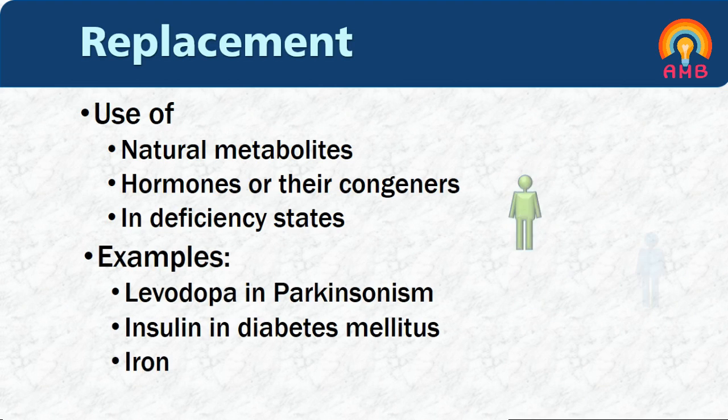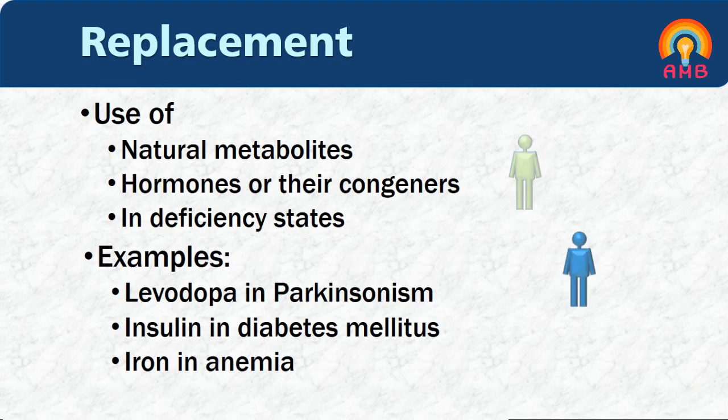Another example is iron, which can be used in the treatment of iron deficiency anemia, where there is deficiency of iron, and because of that RBC production or hemoglobin level in the blood decreases, and to increase that level we take iron from external sources. That is called replacement. So that is about replacement.